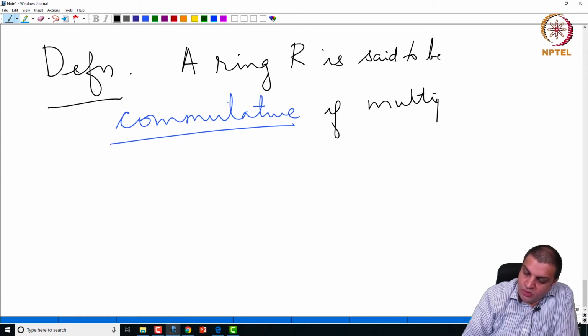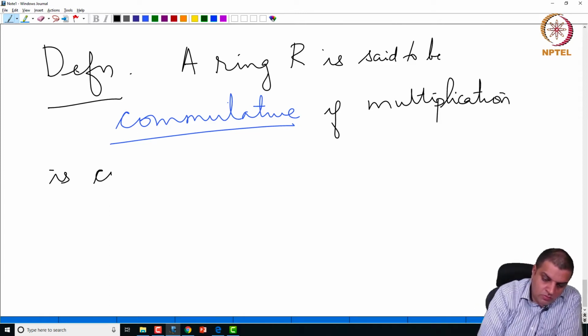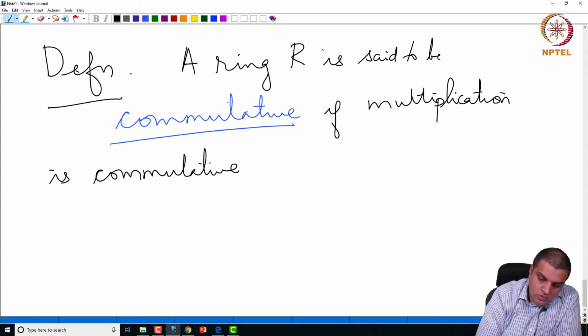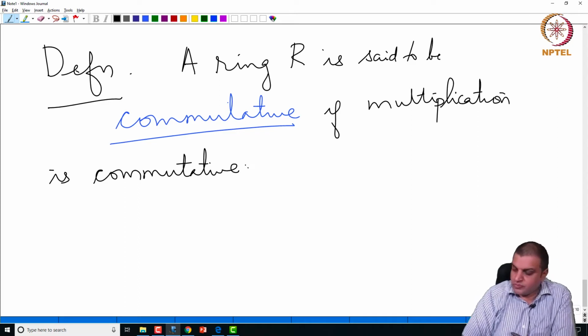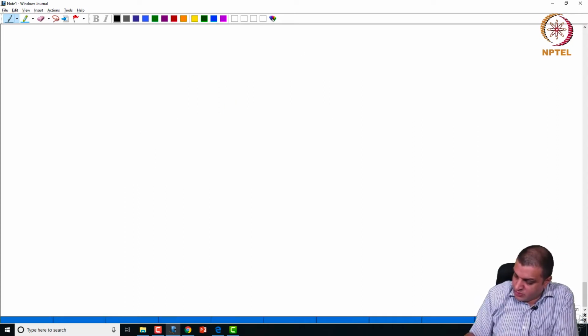Remember, addition is already commutative by definition. So let's look at some examples.